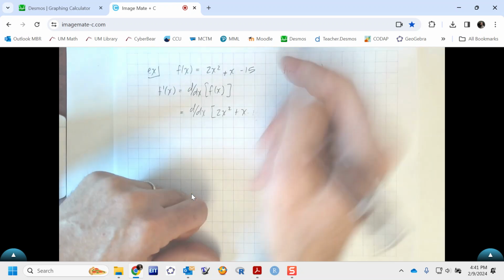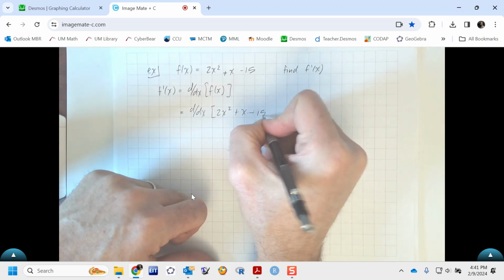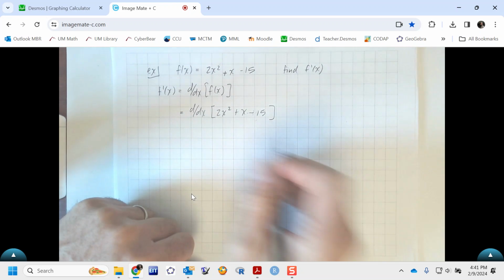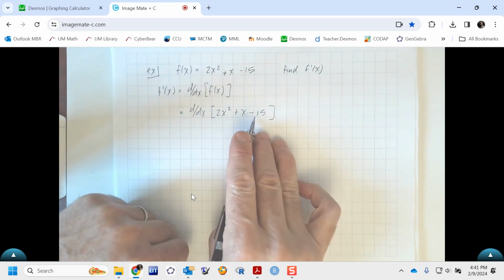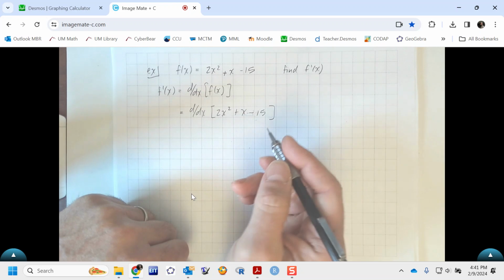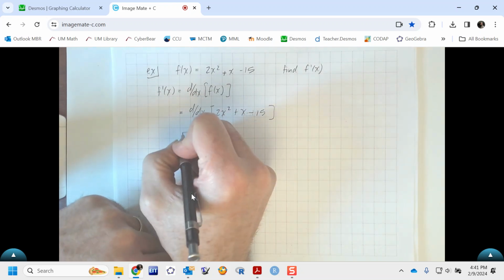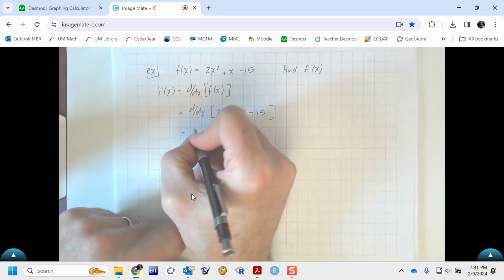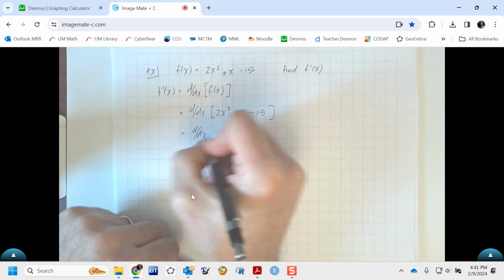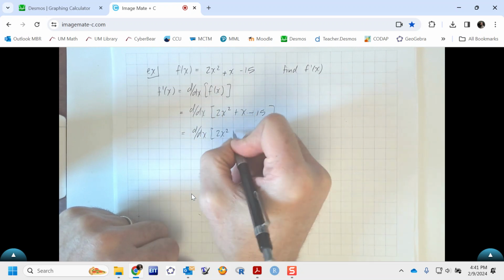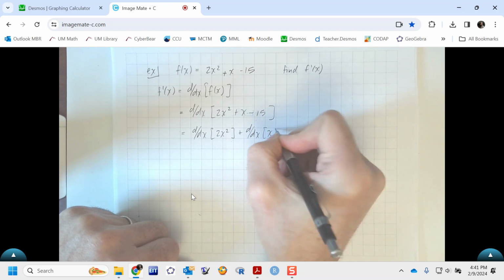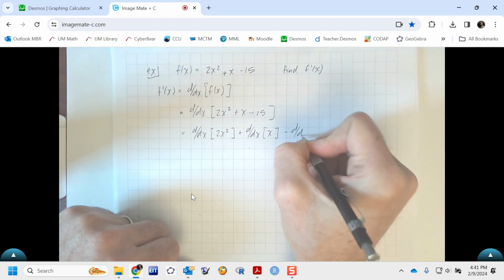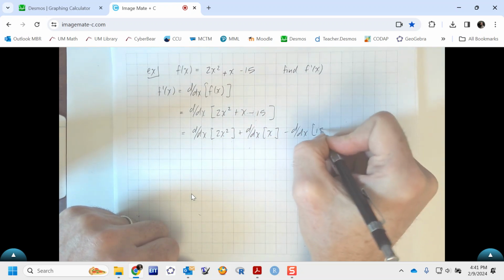Okay, so right away what we notice is that we have a sum of two functions and a difference of two functions. So probably the first thing to do is to use the sum and difference result to take the derivative of just 2x squared plus the derivative of x minus the derivative of 15.